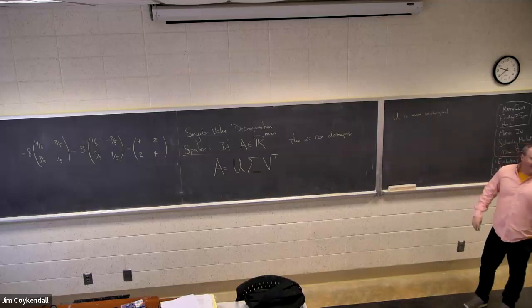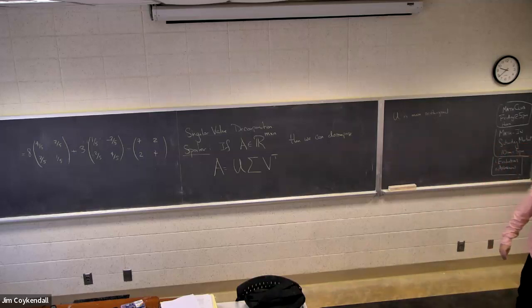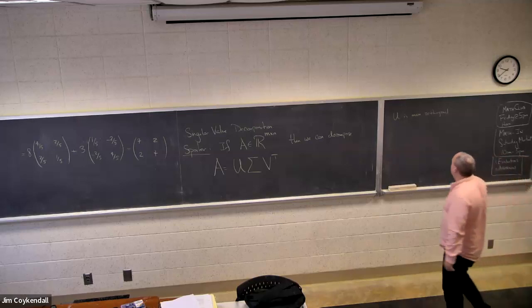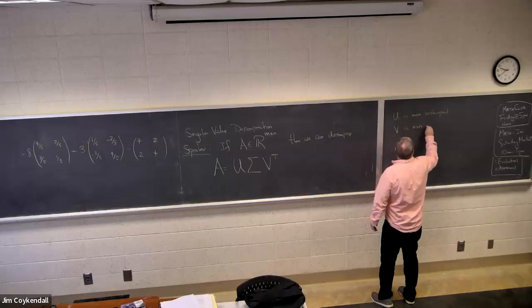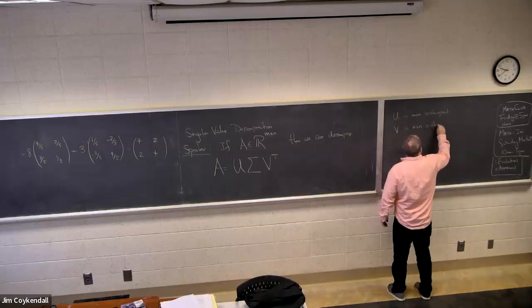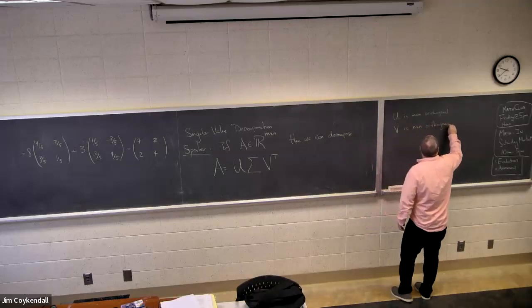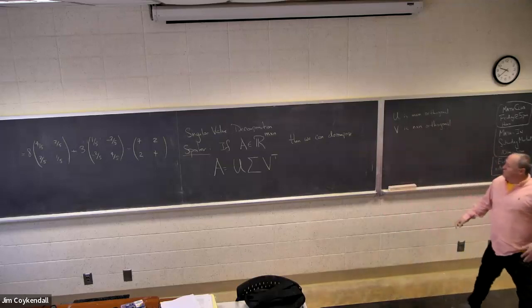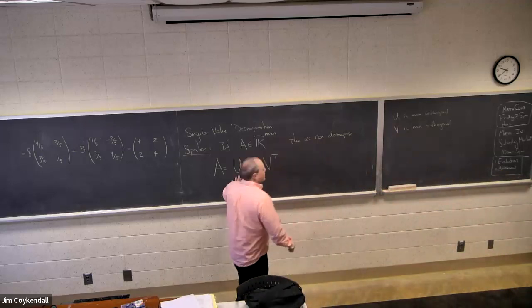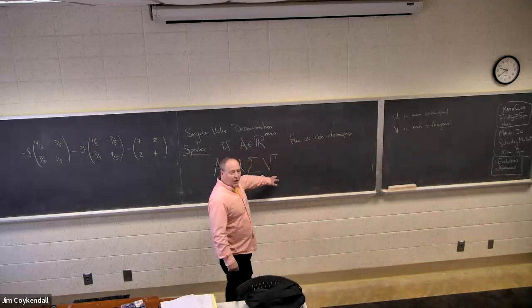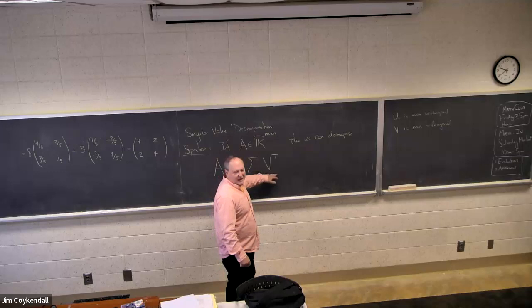So not only is it invertible, it's orthogonal. V is N by N orthogonal. So my bookends are orthogonal matrices. I've got U, which is orthogonal, so its transpose is the inverse, if you will.